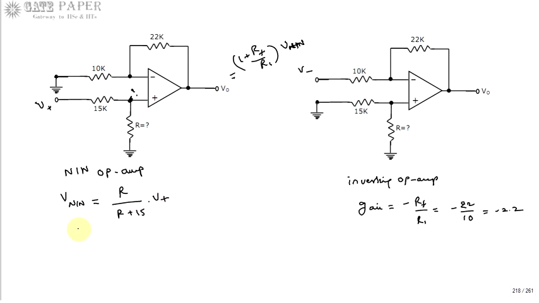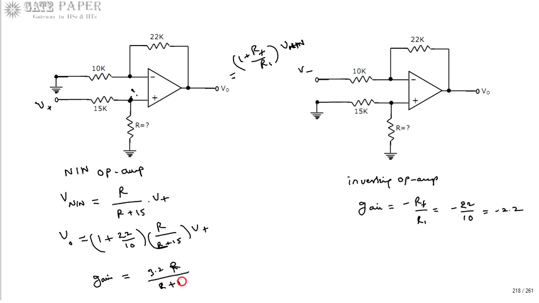So V0 can now be written as 1 plus RF divided by R1, into R divided by R plus 15, into V plus. The gain is 1 plus 2.2, which is 3.2, times R divided by R plus 15.